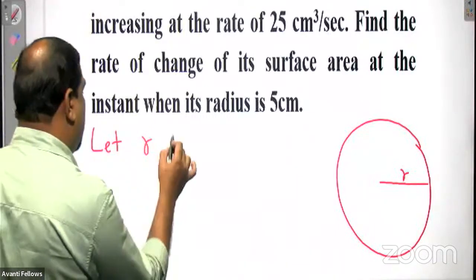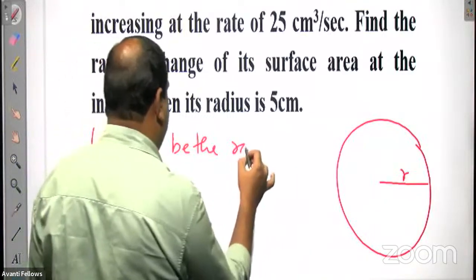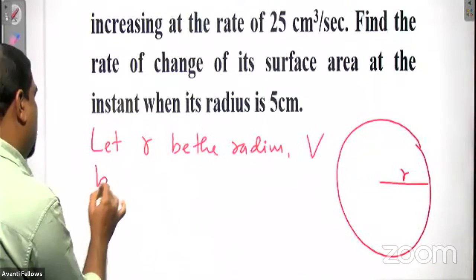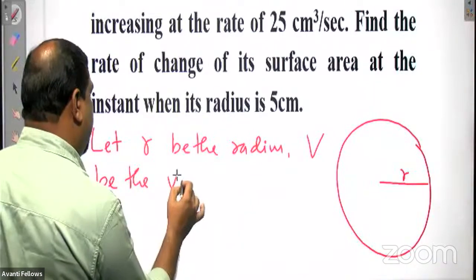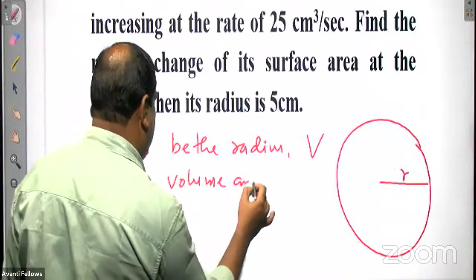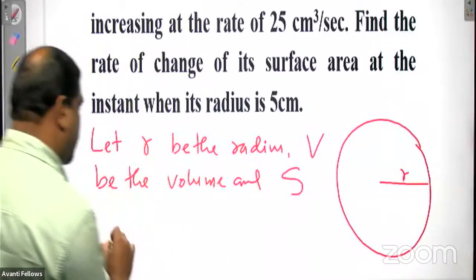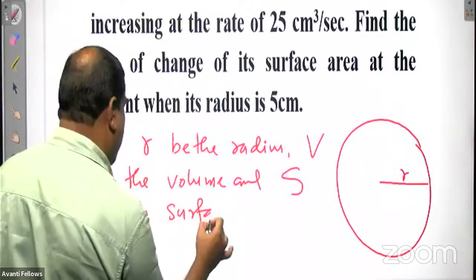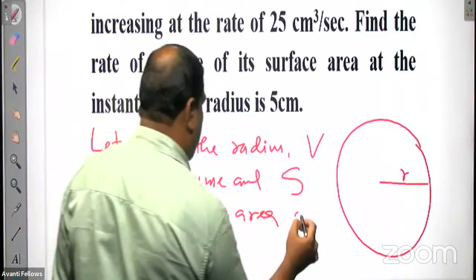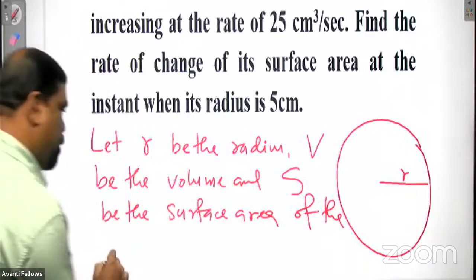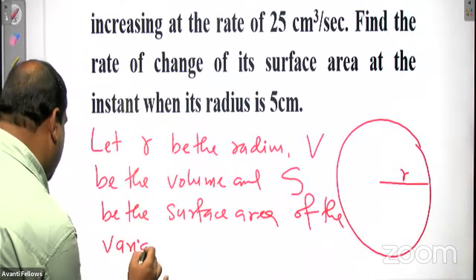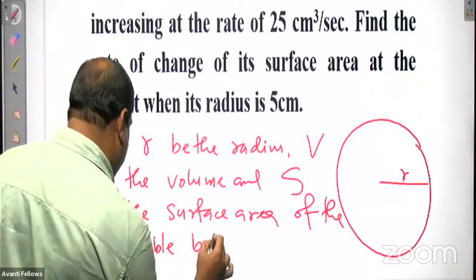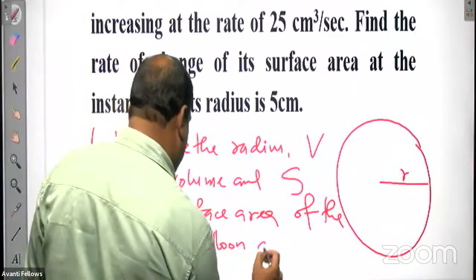Let r be the radius, V be the volume, and S be the surface area of the variable spherical balloon at any instant, okay?